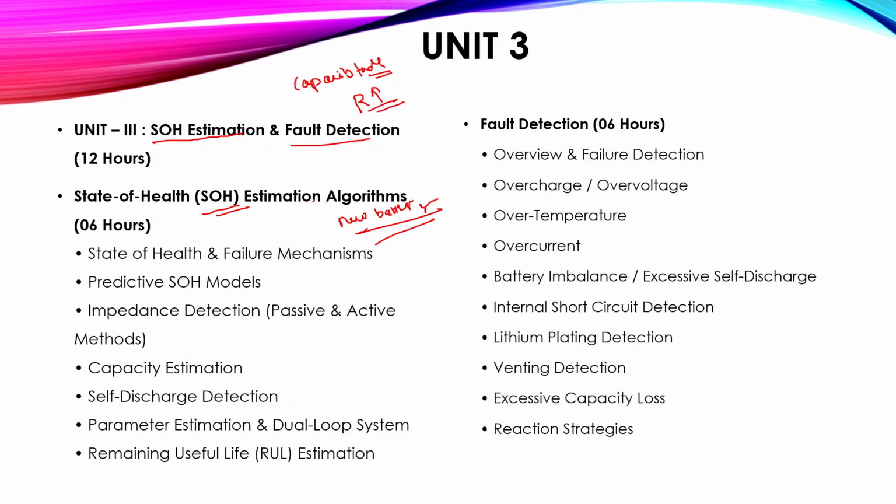These SOH estimation algorithms can be performed using four different methods: impedance detection, capacity estimation method, self discharge analysis, and predictive models. With these we can know the remaining life of the battery.